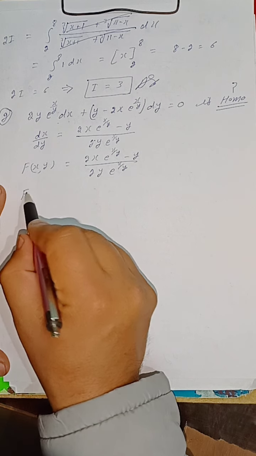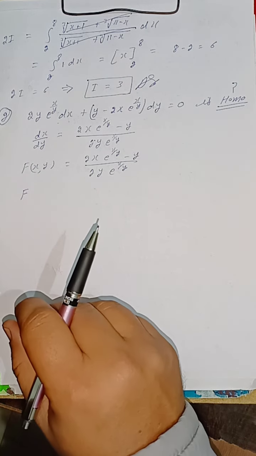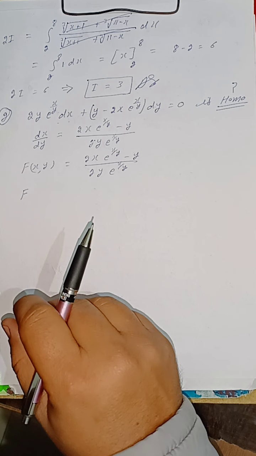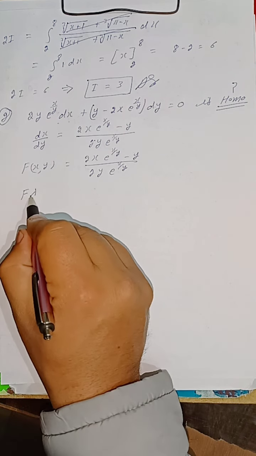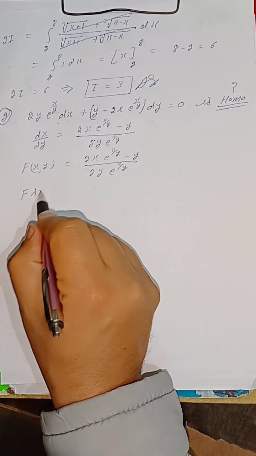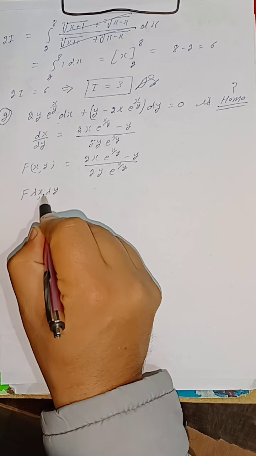If we want to check whether the given equation is homogeneous or not, we'll replace x by lambda x and y by lambda y.